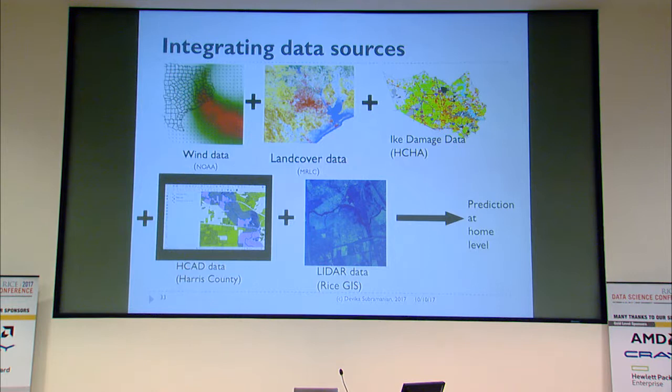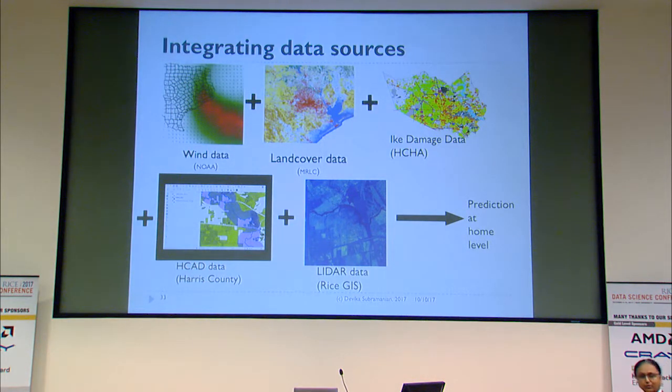So rather than have us manually craft features from the factors that we think are important for predicting wind damage, we'll start with wind data from NOAA, and this is at a, I think, 30-meter resolution, land cover data, 30-meter resolution, the damage data, this is labeled data on an individual home from Ike, HCAD data, which is from Harris County. This is what our tax appraisal district maintains information about every home. All kinds of properties are recorded. And finally, very detailed 50-centimeter resolution LiDAR data.